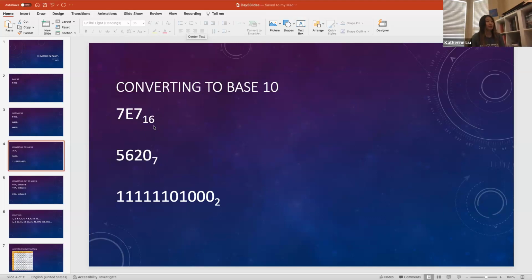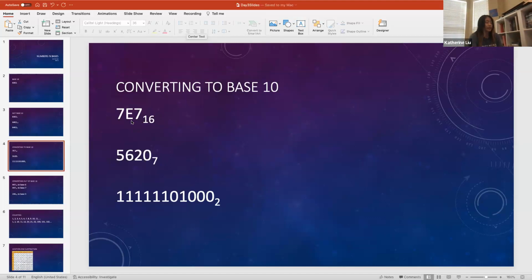So we see this is base 16, and we also see a random E over there. And E is not a digit, obviously. But remember how on the previous slide I said we can use digits up to one less than the base we're in.